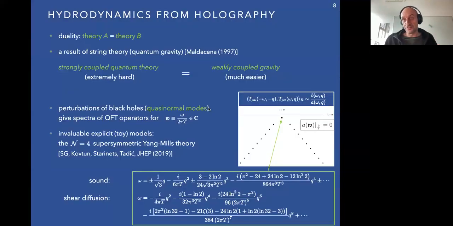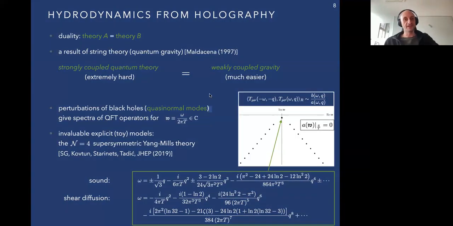Now, holography, this is also a holographic sort of audience, so I will not need to say much. What is very important here is that in order to really probe specific examples of such hydrodynamic theories or of quantum field theories in which we actually have access to the spectra, holography has proven to be extremely useful.